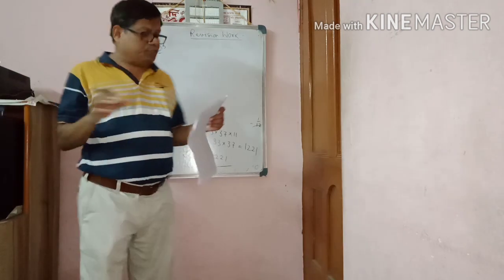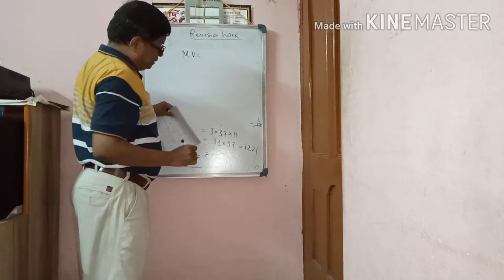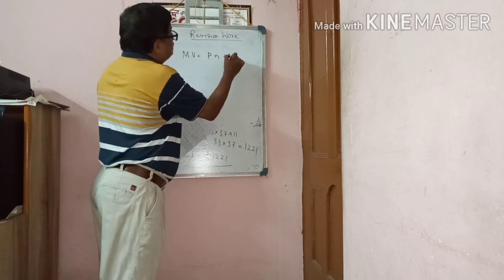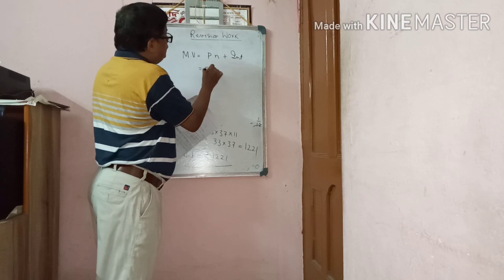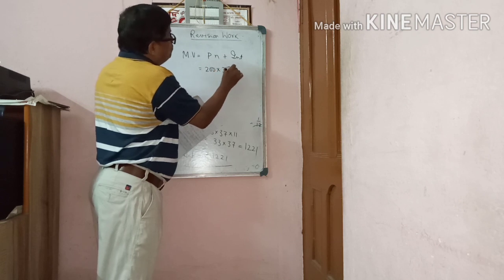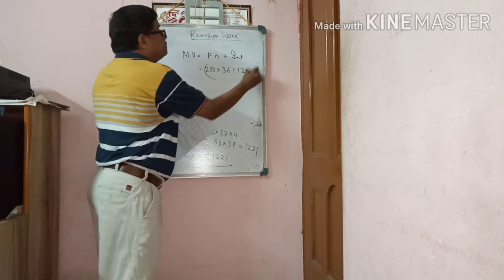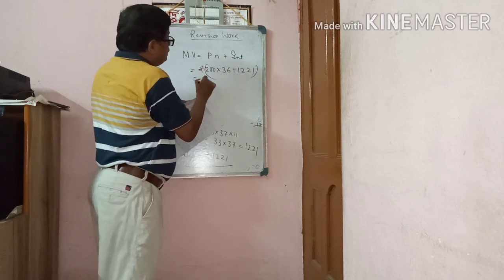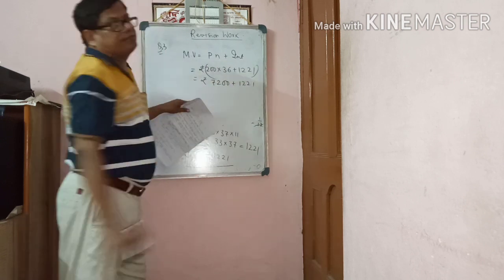So write maturity value, MV equal to PN plus interest. So 200 into 36 months plus here is 1221 rupees. So write rupees 7200 plus 1221.